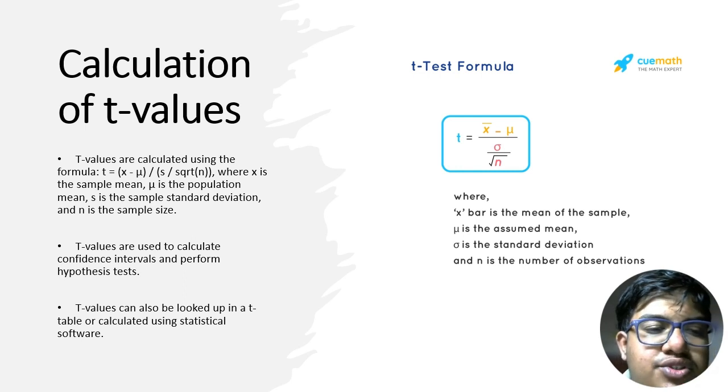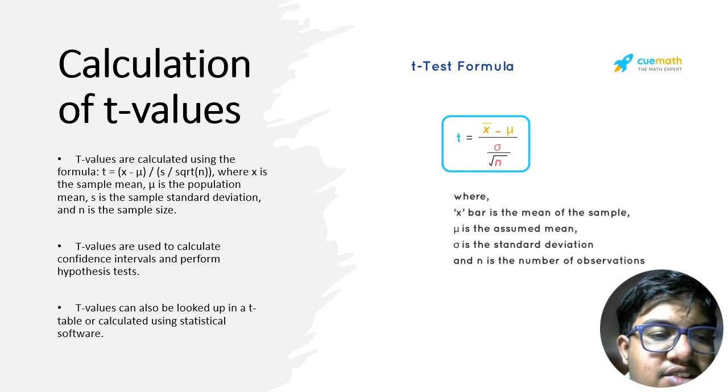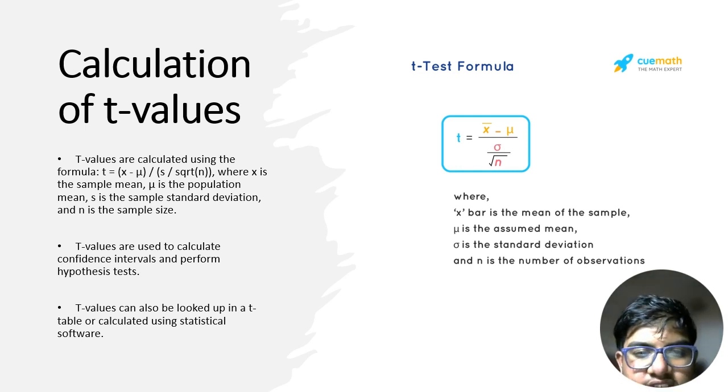T-values are used to calculate confidence intervals and perform hypothesis tests. T-values can also be looked up in a table or calculated using statistical software. Here you can see on the right side the formula which we are going to use. It's a different one, but be sure to look into it.